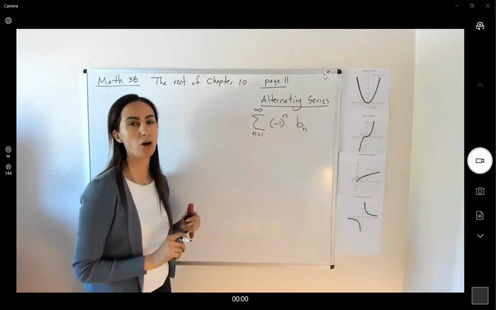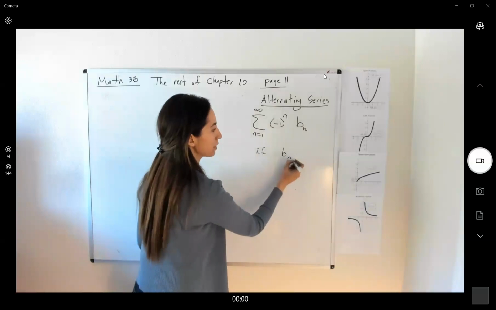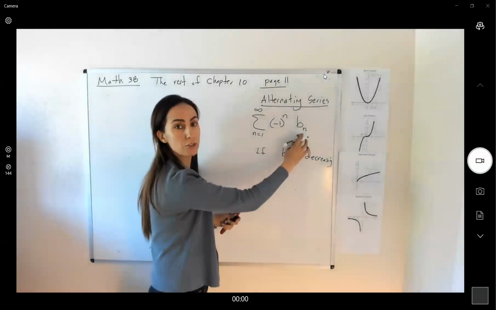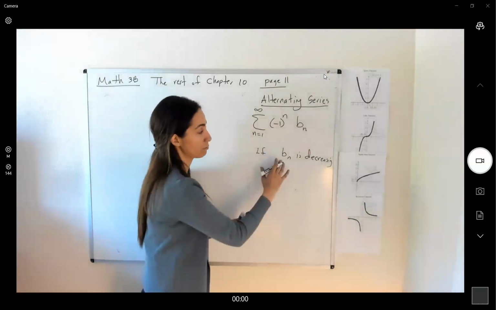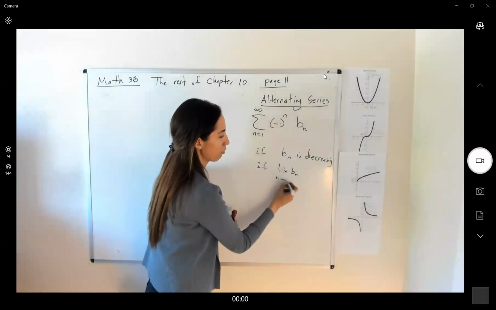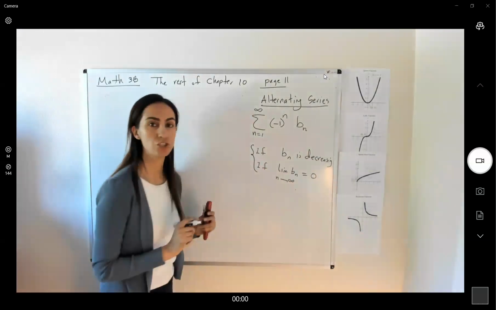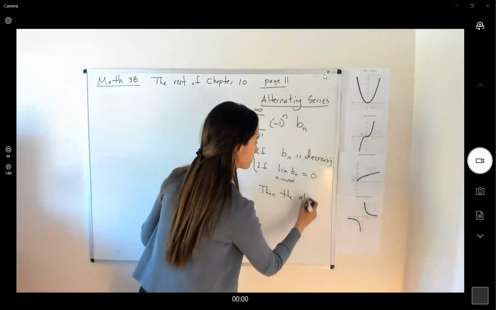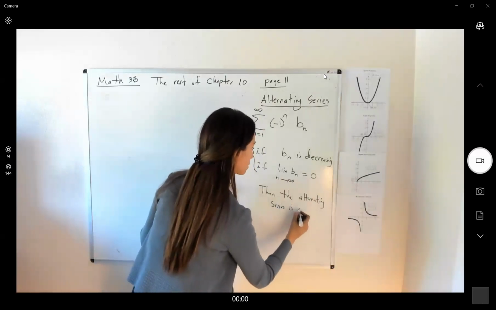This series is called an alternating series. If Bn is decreasing, it means that if you take the derivative of Bn, the derivative is negative. So if Bn is decreasing, and if the limit of Bn while n goes to infinity is equal to 0, if these two conditions are met, then the alternating series is convergent.